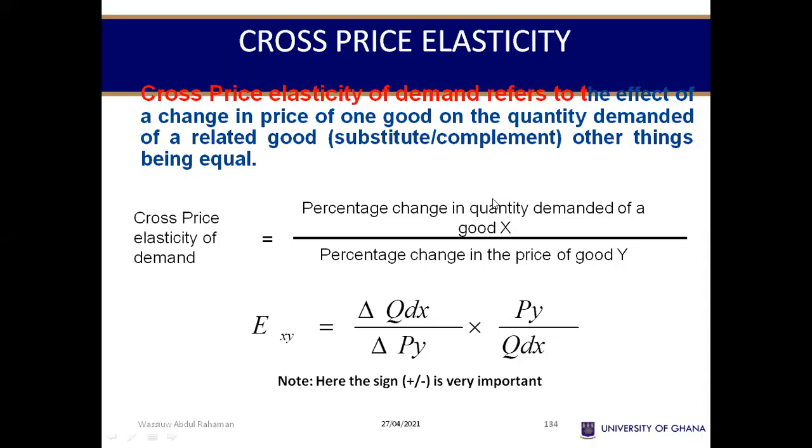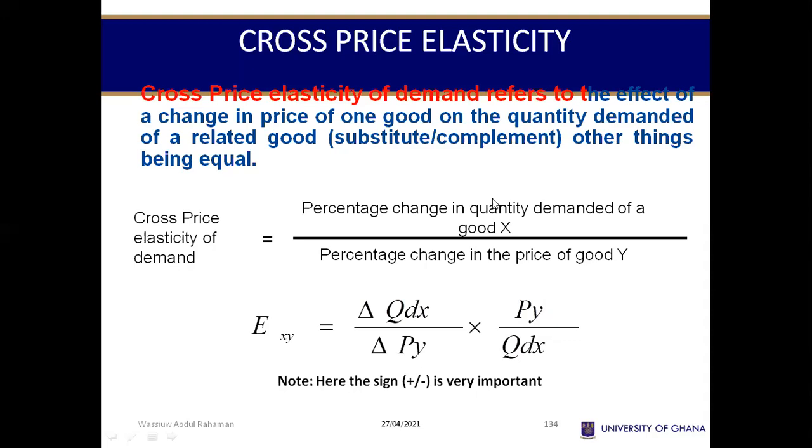In that sense, it means that the percentage change in quantity is less than the percentage change in price. And then we have unitary when it is equal to 1, which means that the percentage change in quantity is equal to the percentage change in price. And then we have the two extremes, the perfectly elastic and perfectly inelastic.